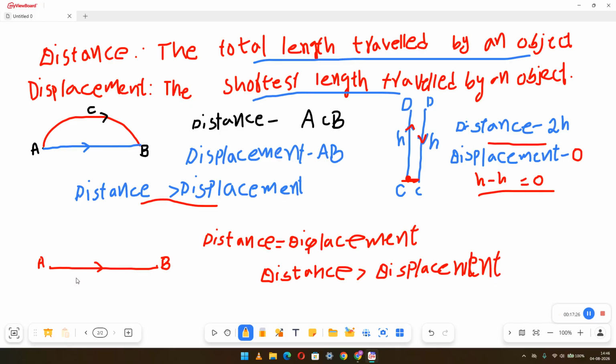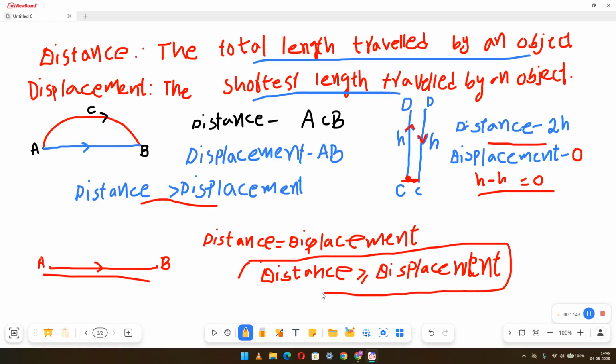In these, distance and displacement are equal. So we keep as equal. So the condition is distance is always greater than or equal to displacement. This is the difference between distance and displacement.